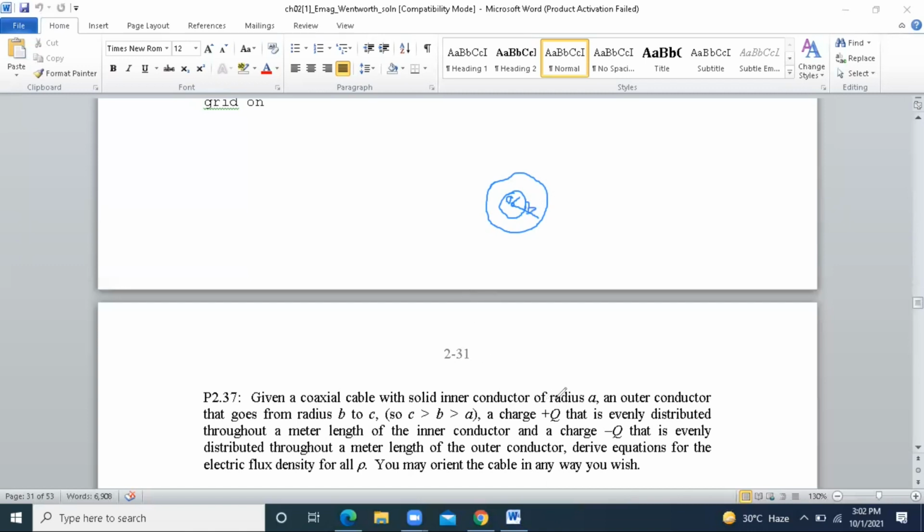They say the outer conductor surface is at C, sir. The one on the other side, the outer ring is C, from B to C. So B is between here, right? C is outside, outside A.